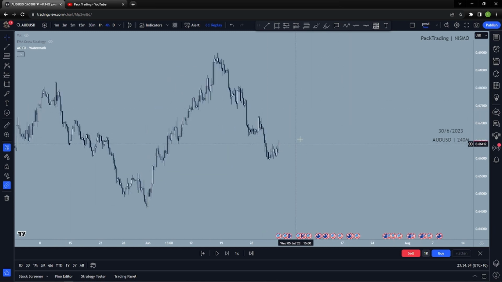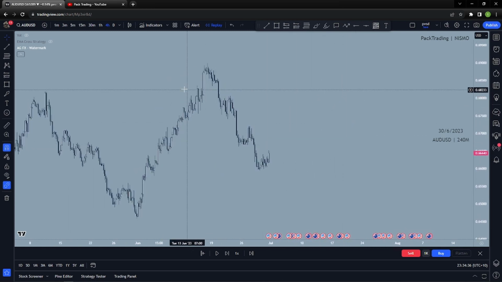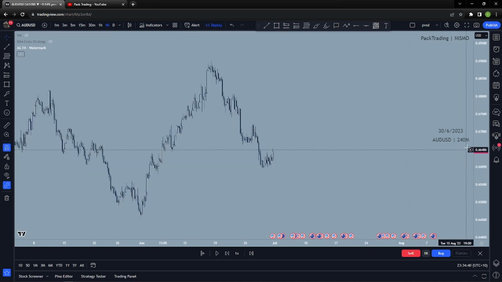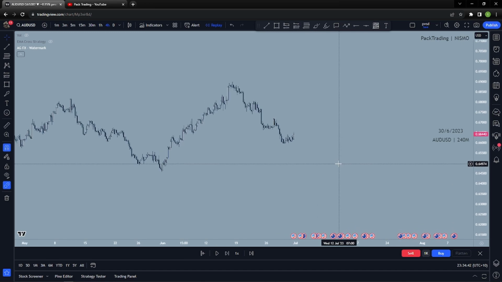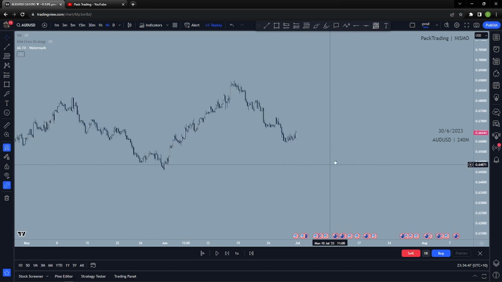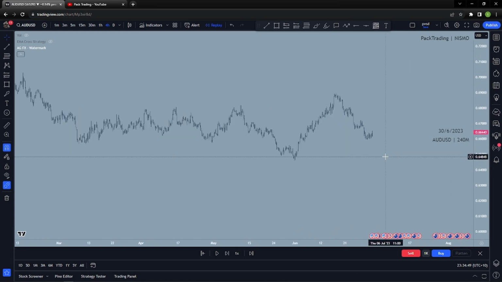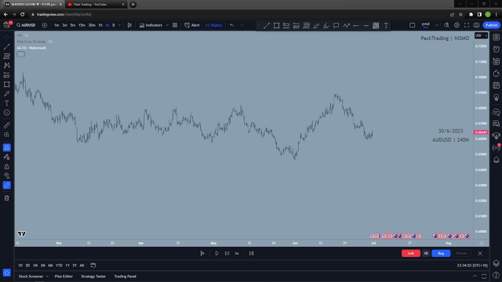If 15 minutes is bullish, we want 1 minute to be bullish. We don't want 4 hours to be bullish and 1 minute to be bearish. Nah, we want them all to be aligned. It's, you know, if we need an edge somehow on the chart. So that's basically the majority of what multi-time frame is. So yeah, that's basically it.